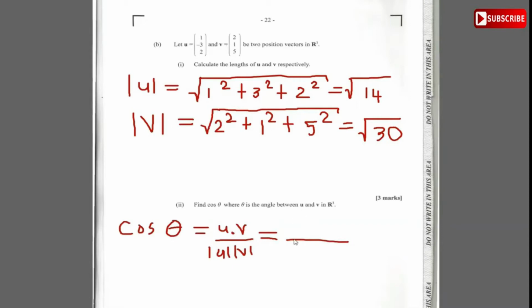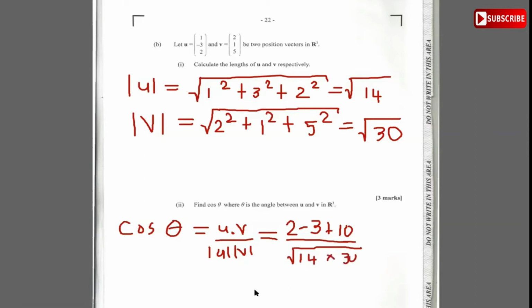U dot v will work out to be 1 times 2, which is 2, plus minus 3 times 1, which is minus 3, plus 2 times 5, which is plus 10, over the length of u times the length of v, which is the square root of 14 times 30. I'm just joining it as one square root. That will give me cos theta.